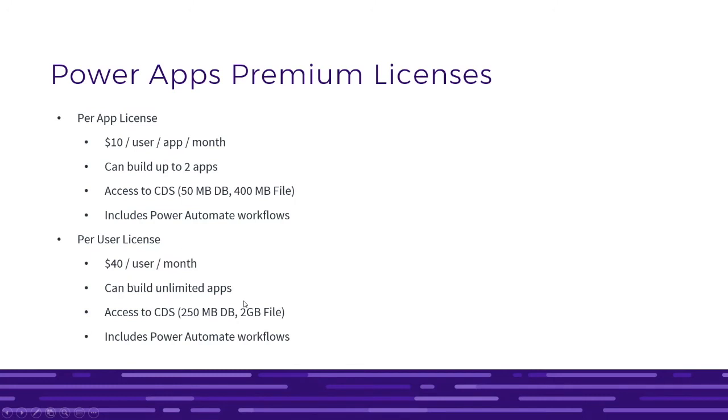Now, for anyone that's accessing these apps, you would also need to have a license. That could be obtained at a cost of $10 per user per app. So if you have an app that's used within your admissions department and that's used by 10 people, you can have one person build a whole application, and then 10 other people basically access the application at $100 a month.